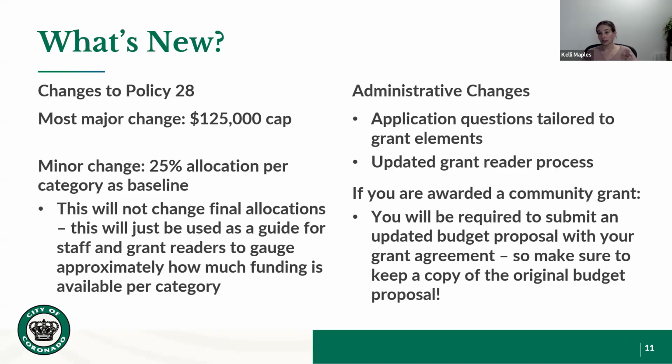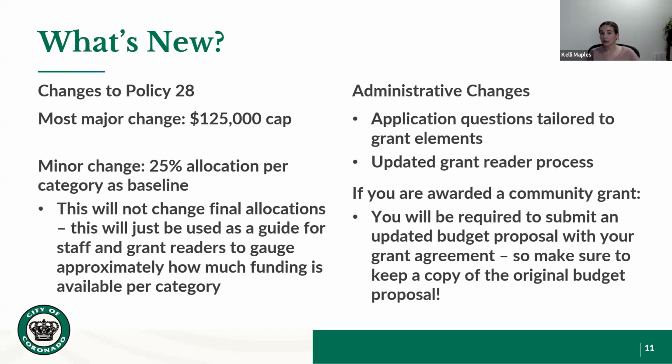This was after a couple years of feedback working on this program. It's not a program that's one size fits all. Arts grants are very different than social services grants, and so I think it's fair to be evaluated differently. We didn't increase the number of questions or change anything drastically. It'll be very similar to last year. It'll just line up with that grant element's rubric a little bit better.